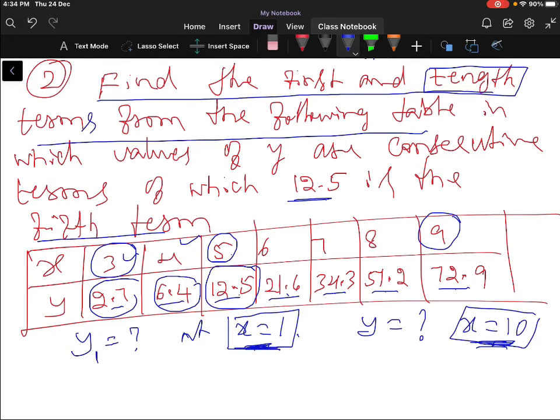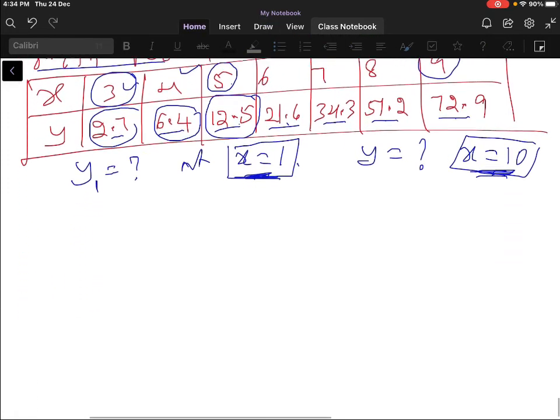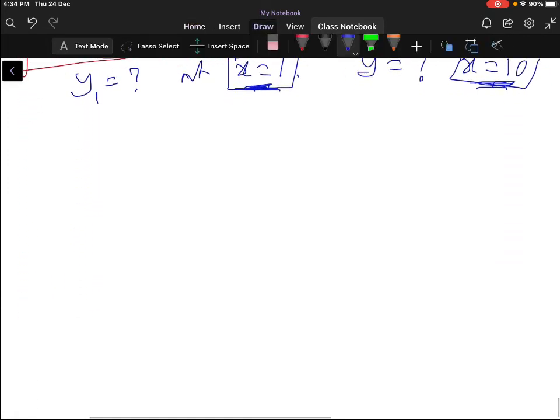To find y at x equal to 10, we use Newton's backward interpolation formula, because x equal to 10 is near to the end value of x, that is 9. But anyway, the difference table is the same for the backward or forward differences here. So let us construct the difference table for the given data points.